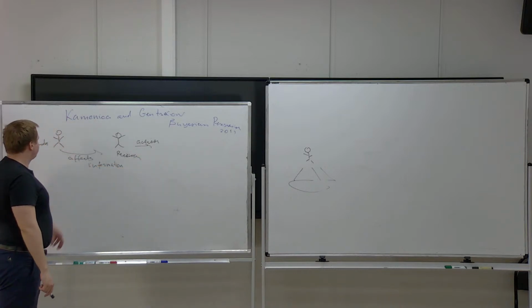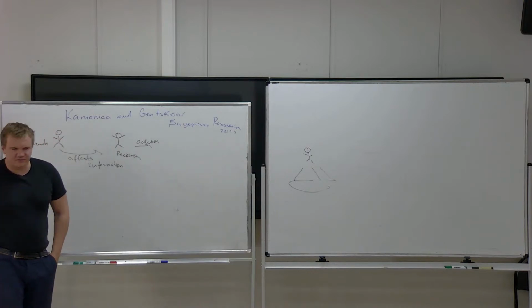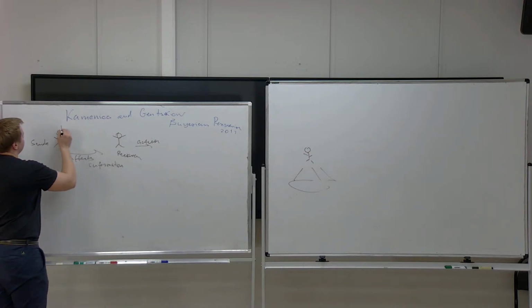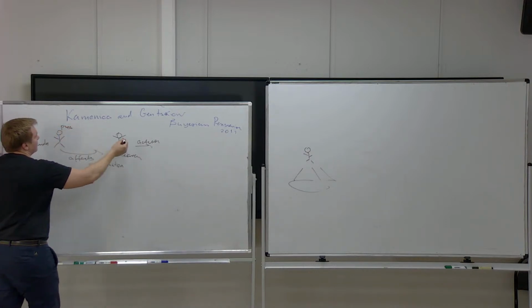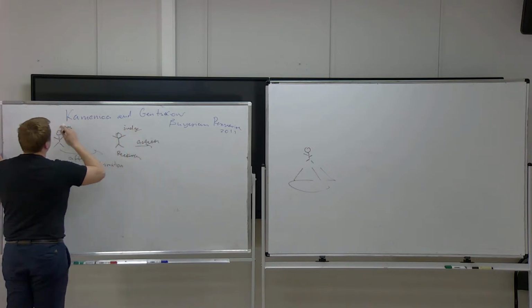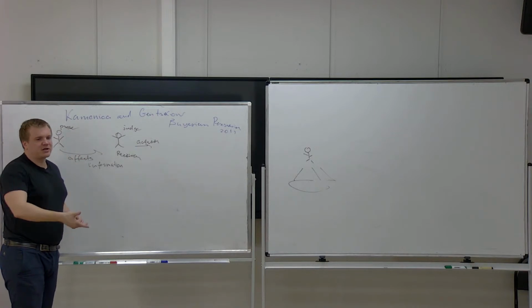So it could be the following example, the example they have in the paper, and we will get back to it. It's a situation in which this one is a prosecutor and this one is a judge. The prosecutor decides how to acquire evidence.